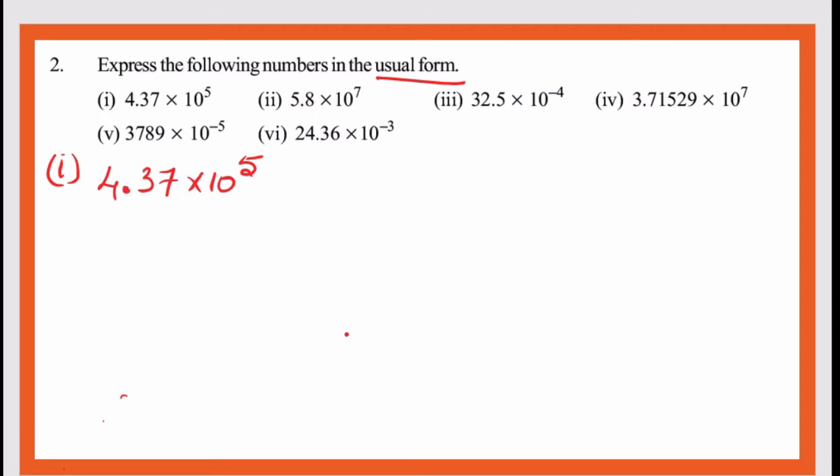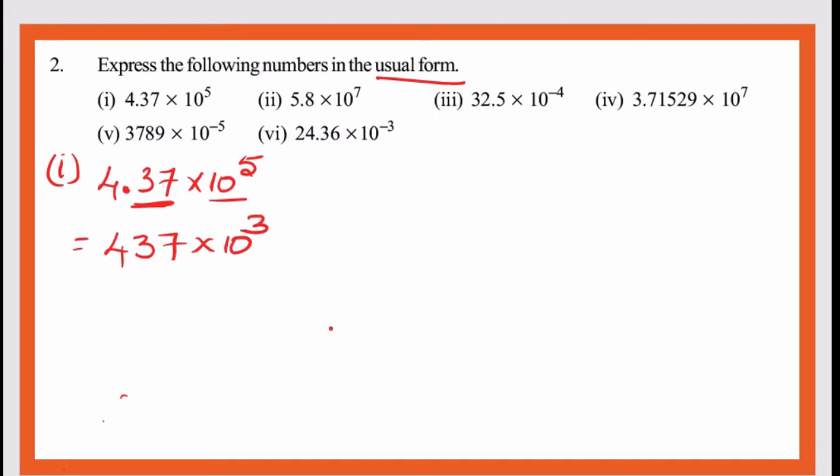If you observe this, after the decimal point we are having 2 digits, 2 decimal values. Along with those 2 decimal values we need to multiply with this 10 power 5. So 4.37 into 10 power 5, I can write as 437 into 10 power 3.